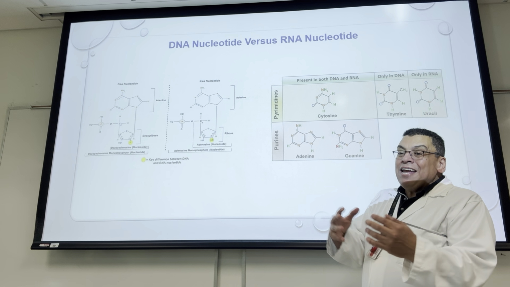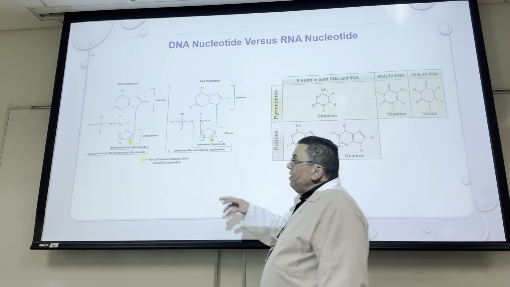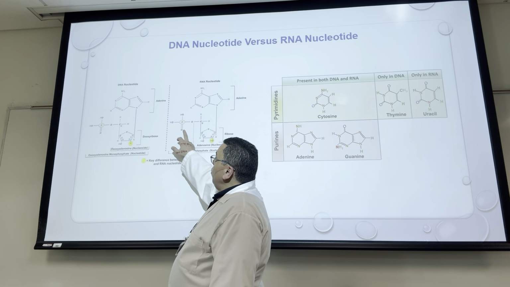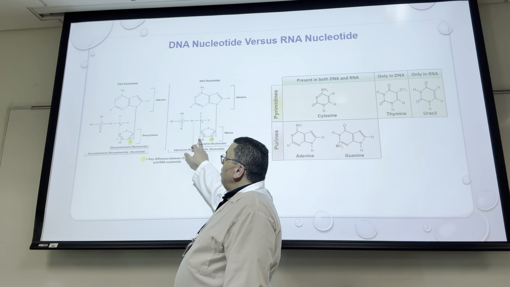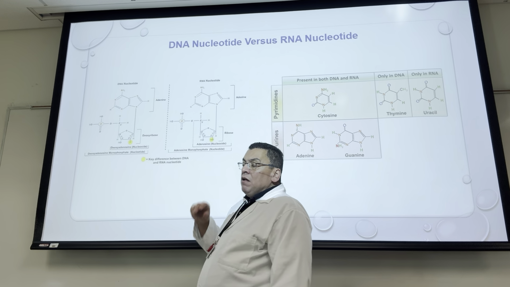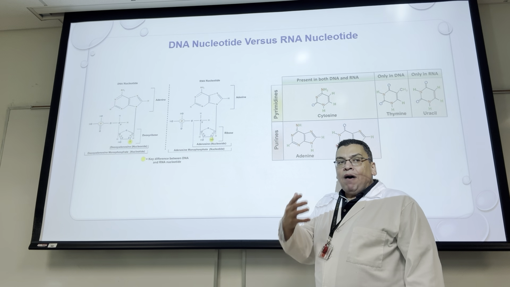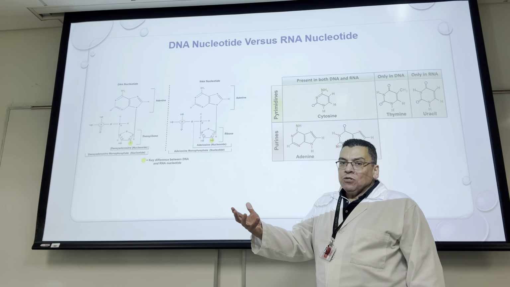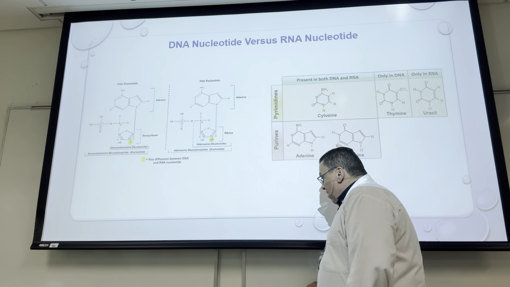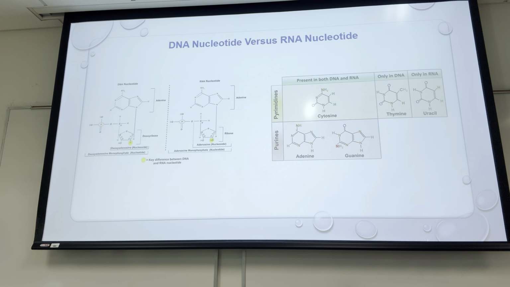So if you want to make DNA or RNA, these 2 functional groups, the 3' hydroxyl and the 5' phosphate, are involved in making what's called the phosphodiester linkage, the bond that holds 2 nucleotide monomers together. So watch over here, please.